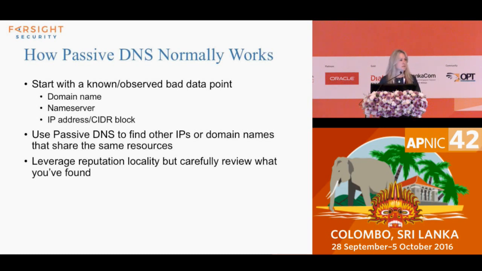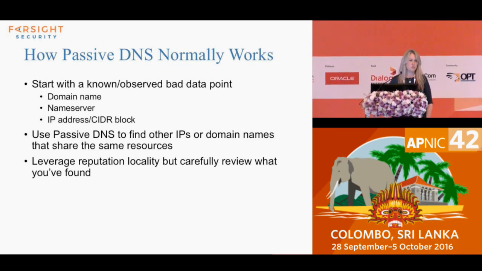So how the passive DNS typically works is that you start with a known observed bad data point. So it's either a domain name that you know is part of a malware or phishing campaign, a name server that you know is hosting malware domains, or an IP address or CIDR block that's known to be part of some kind of malware.